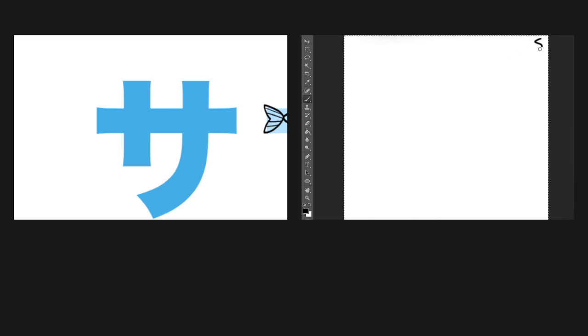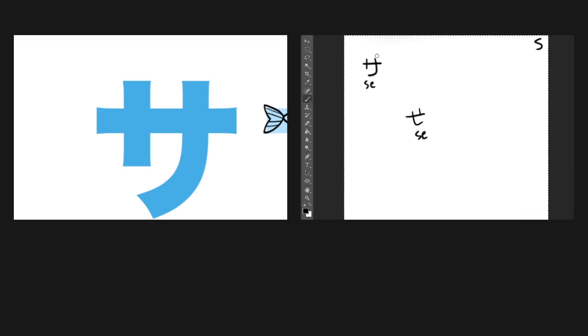Let's do our S's. So we're going to start with se. And this looks very similar to se in hiragana. This was se in hiragana. This is se in katakana.